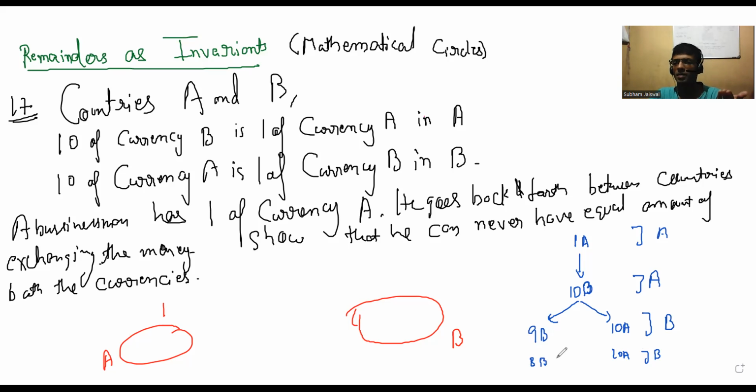Then you can try to increase the B's. So then he can become like 19A, or maybe I could just make a column or something, 19A, and from this 1A he can get 10B, so it becomes 18Bs, right? And we want to say that these two can never become equal.